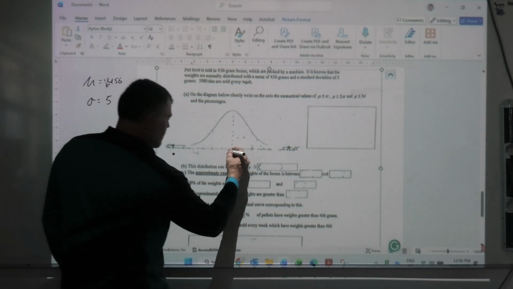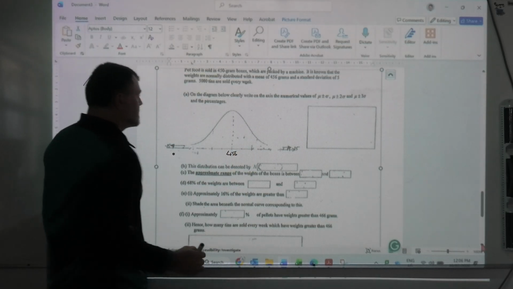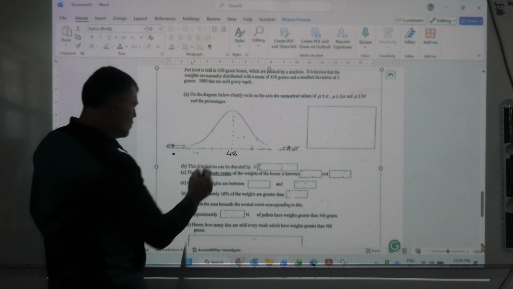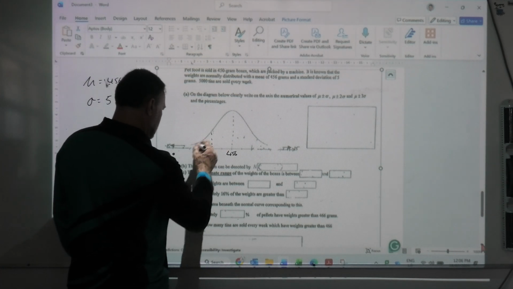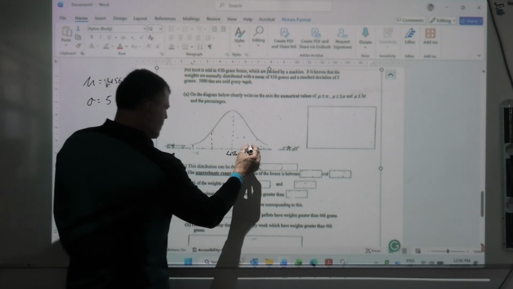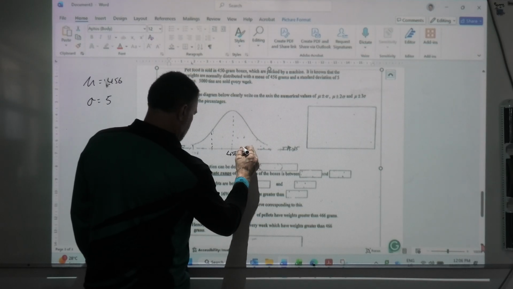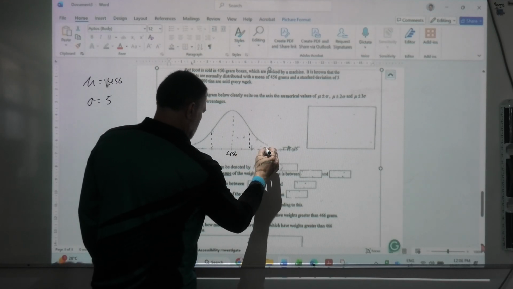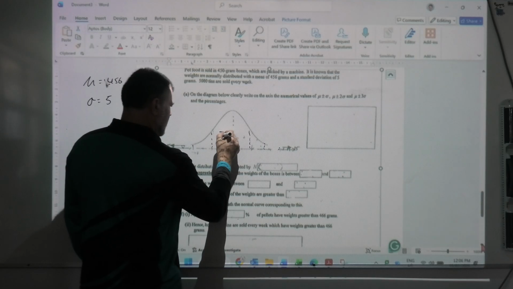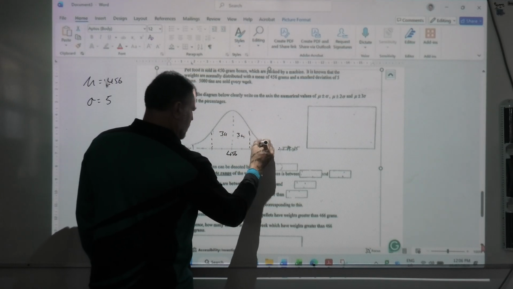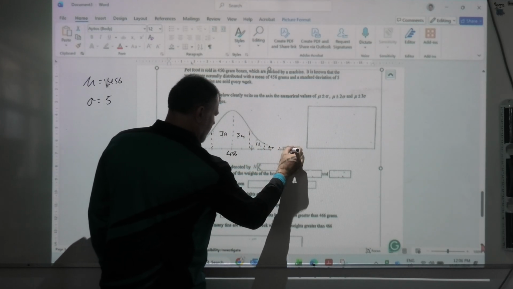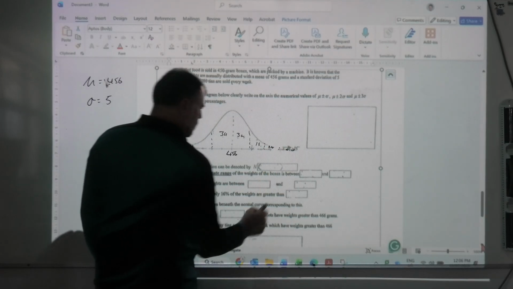So we know it's 456, okay? If we look at these points here, we've got our 34, we've got our 13, a 2.5, and a 0.15.